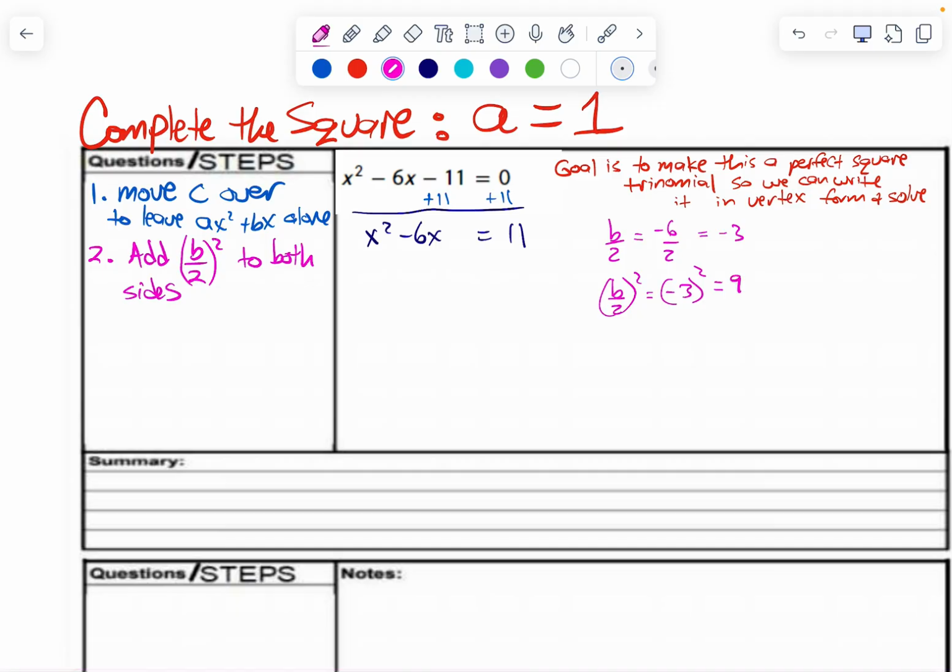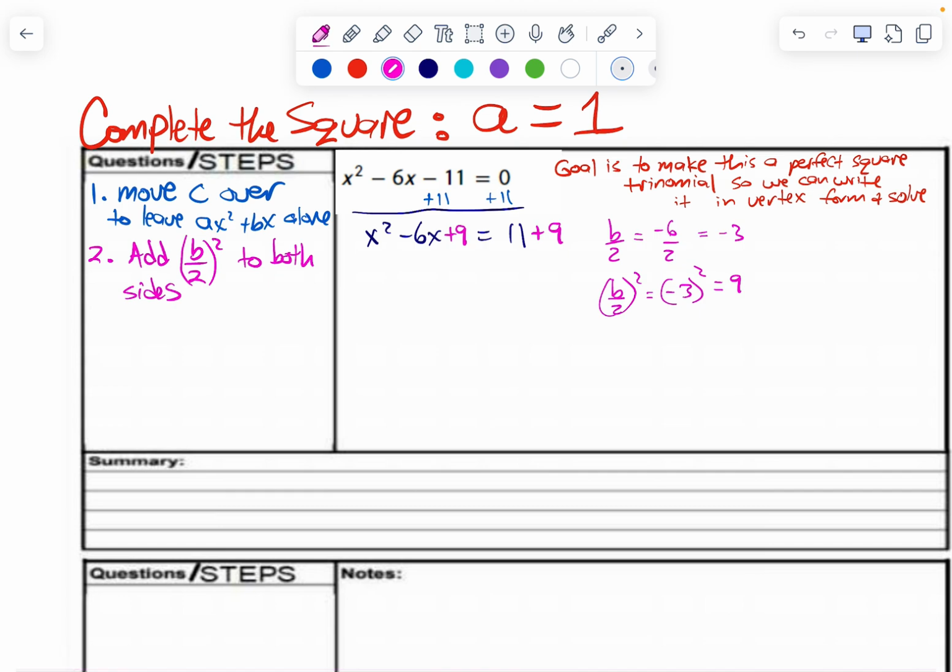Okay, so we're going to say add 9 in here. Why do I have to add it to the other side as well? So it's still true. Yeah, we can't just do stuff to one side and hope that it stays balanced. We have to do it to both sides. So plus 9 in this case, we have to add that to both sides.